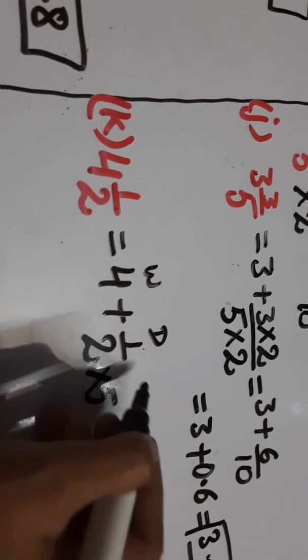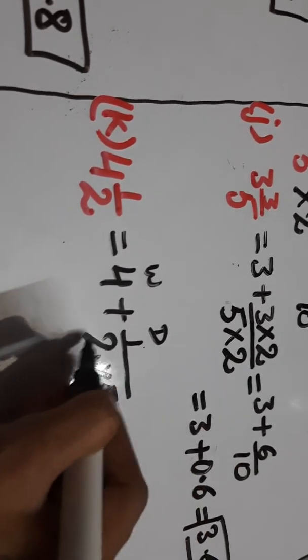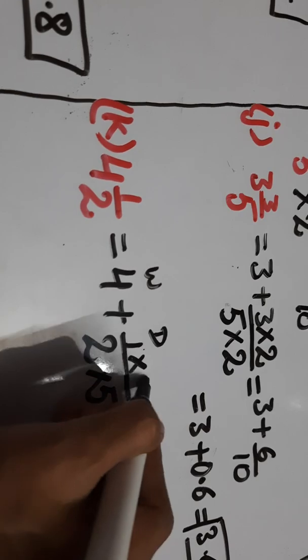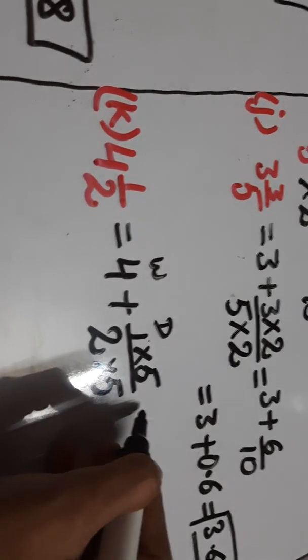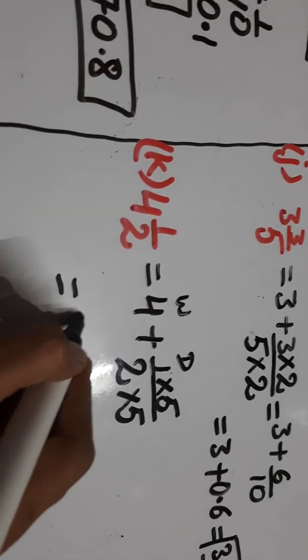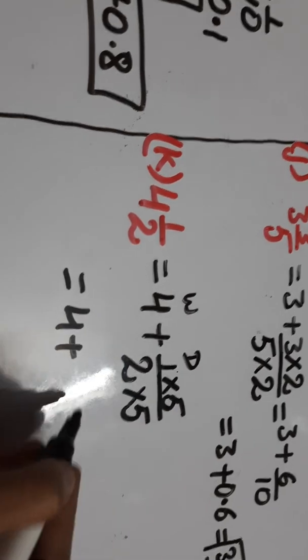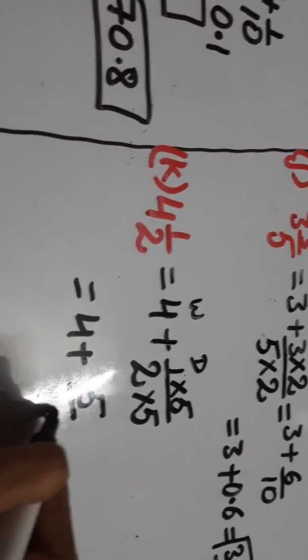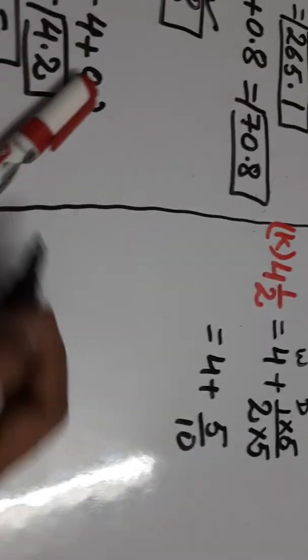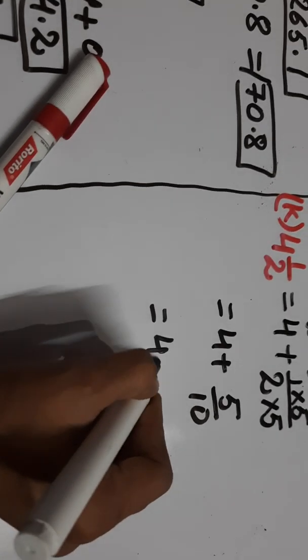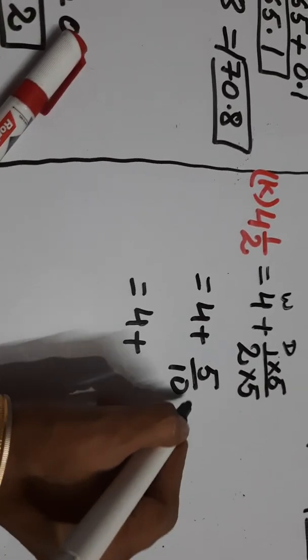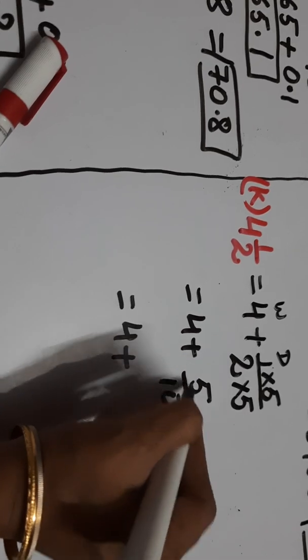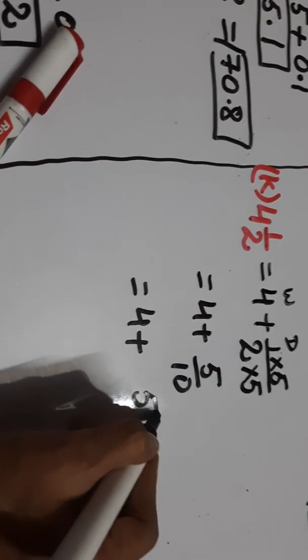2 fives are 10. But if we are multiplying it with the denominator, we must multiply it by numerator also. So what do we get? We'll get 4 plus 1 into 5 is 5 upon 10. So now you know we can write it as 4 plus, for this 10, it carries 1 zero. So we will leave one digit, that is 5.